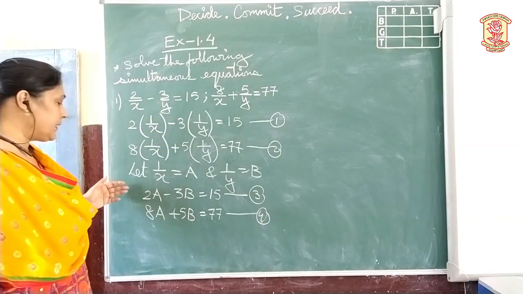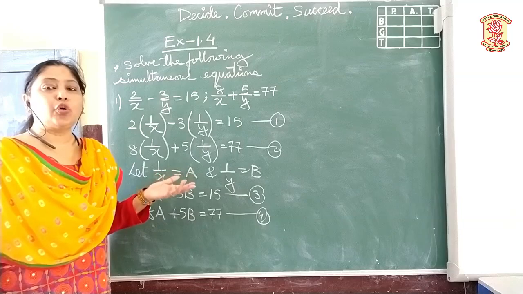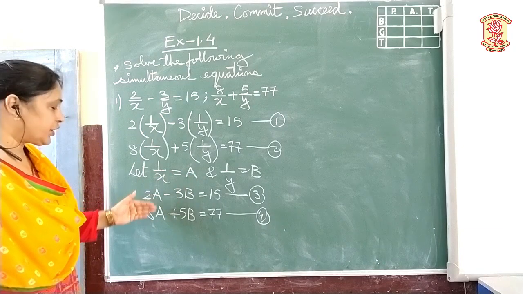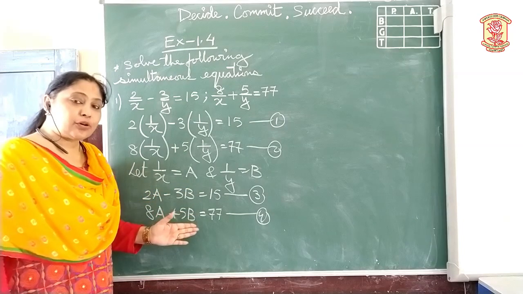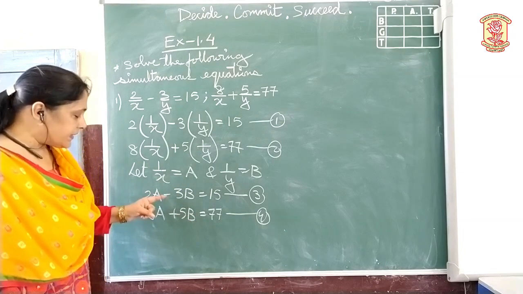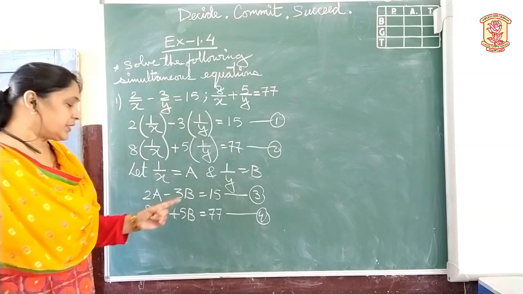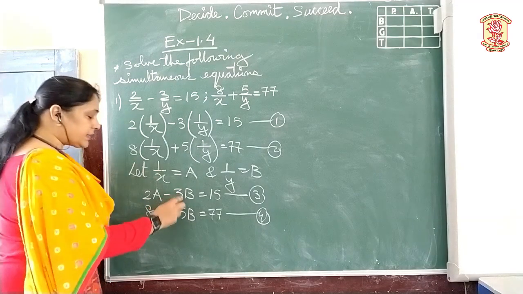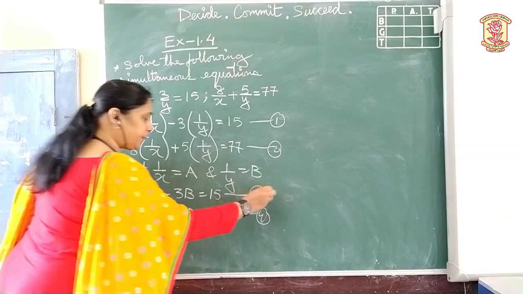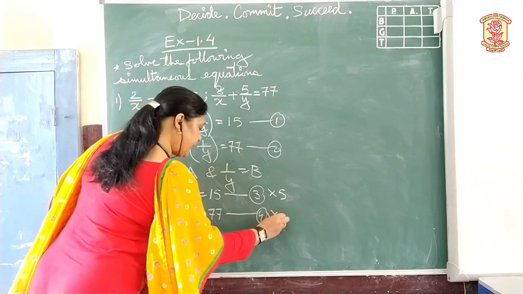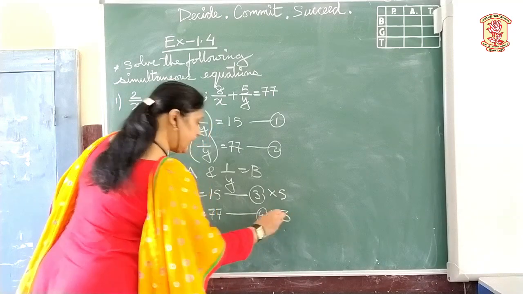Now the next part is equalizing the coefficients. To equalize, either we can equalize the coefficients of a or the coefficients of b. Here we have minus and plus, so we'll equalize the coefficients of b. 3 times 5 is 15, so we multiply the third one by 5 and the fourth one by 3.